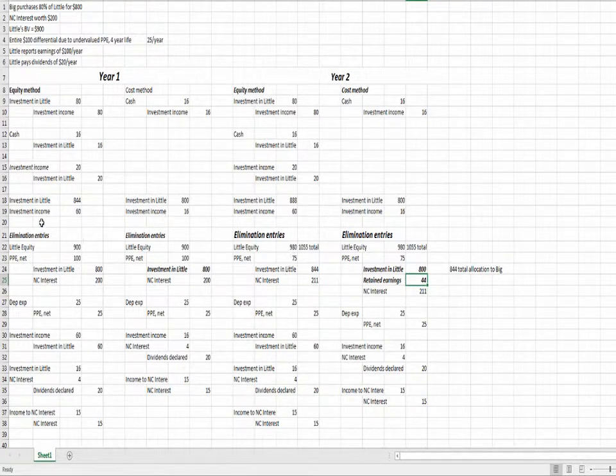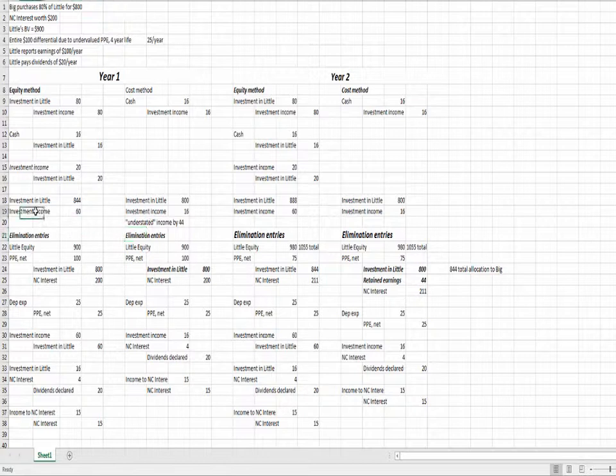Prior to year 2, under the equity method, Big would have had investment income of 60. That is the correct value. They should use the equity method. Because they choose to use the easier cost method, they only reported investment income of $16. So in a sense, they understated their income by $44.